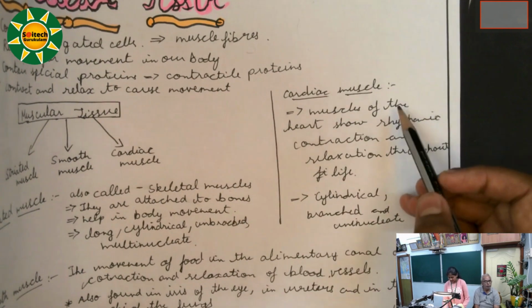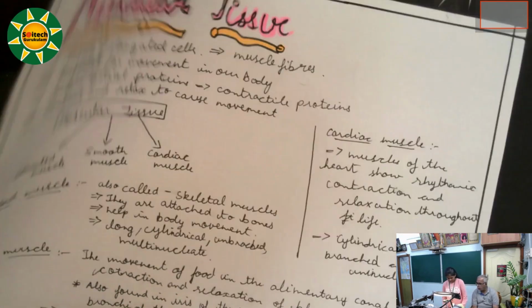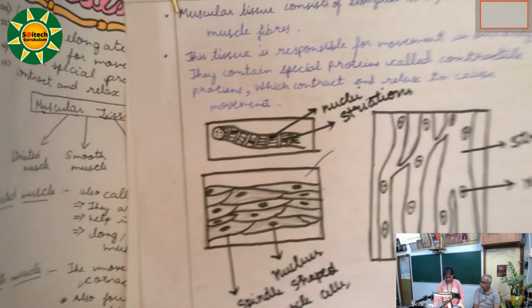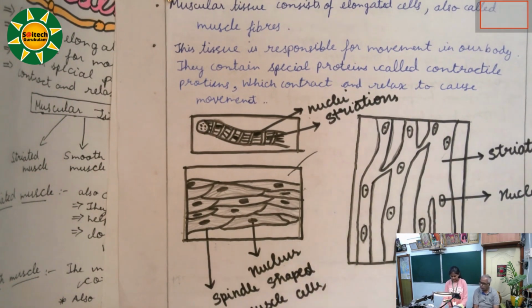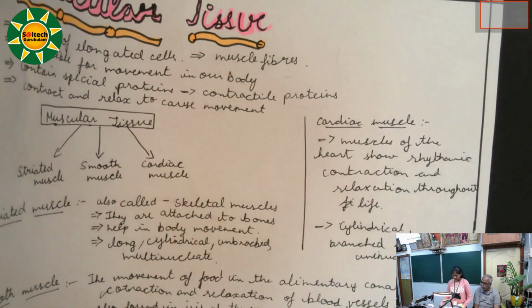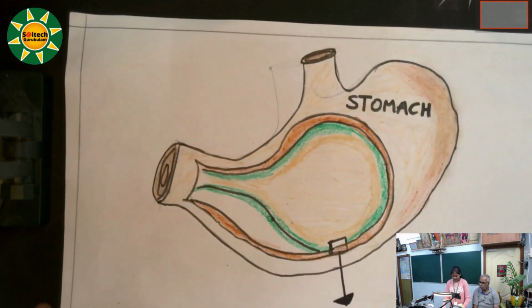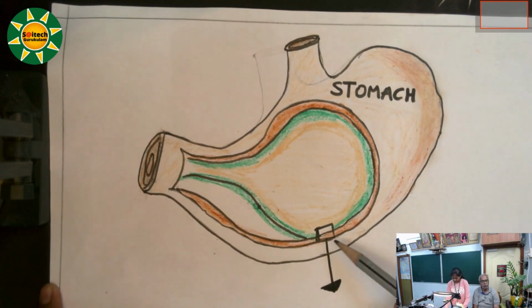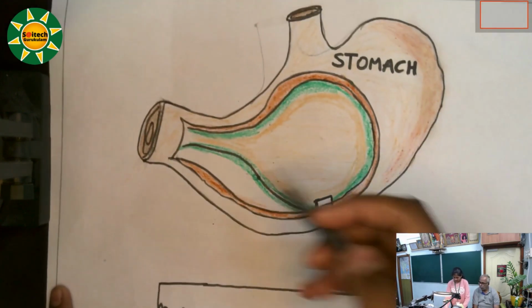And next we have cardiac muscle. Can you show me the diagram of smooth muscle? So this is smooth muscle. Can you show me where it is located? In the stomach, in the outer part we can see it, and there are three layers in total.